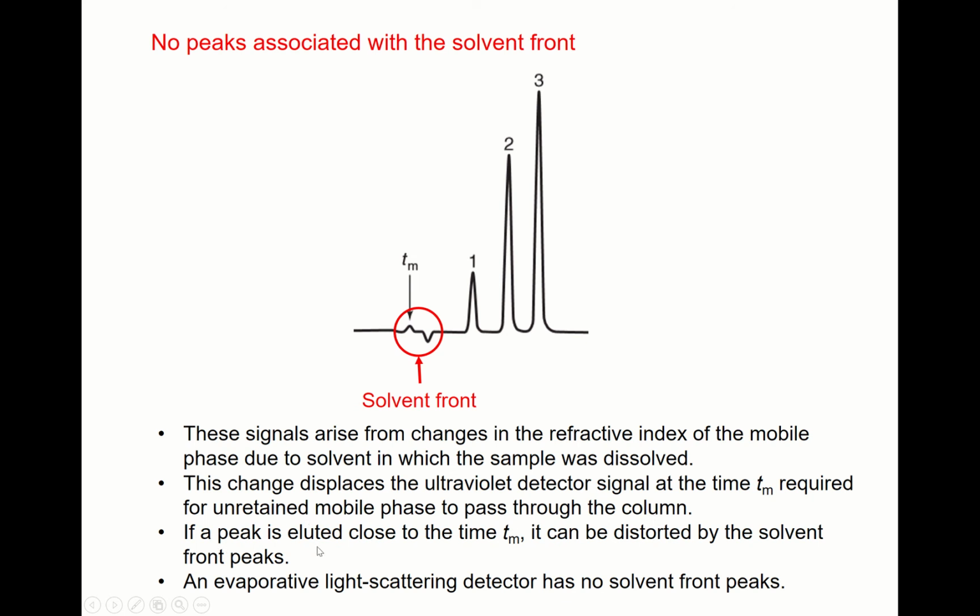If a signal is eluted close to time Tm, it can be distorted by the solvent front peaks. This figure shows that molecules 1, 2, and 3 appear after Tm, after this solvent front.